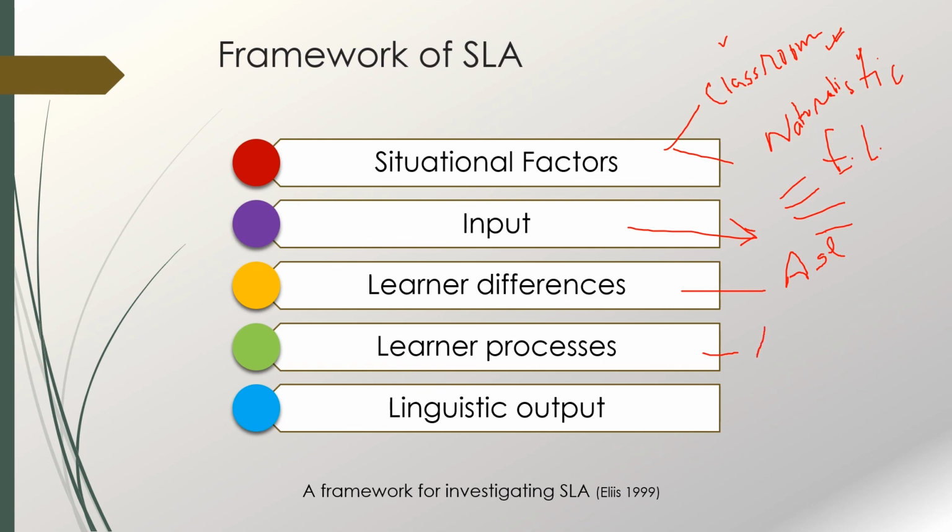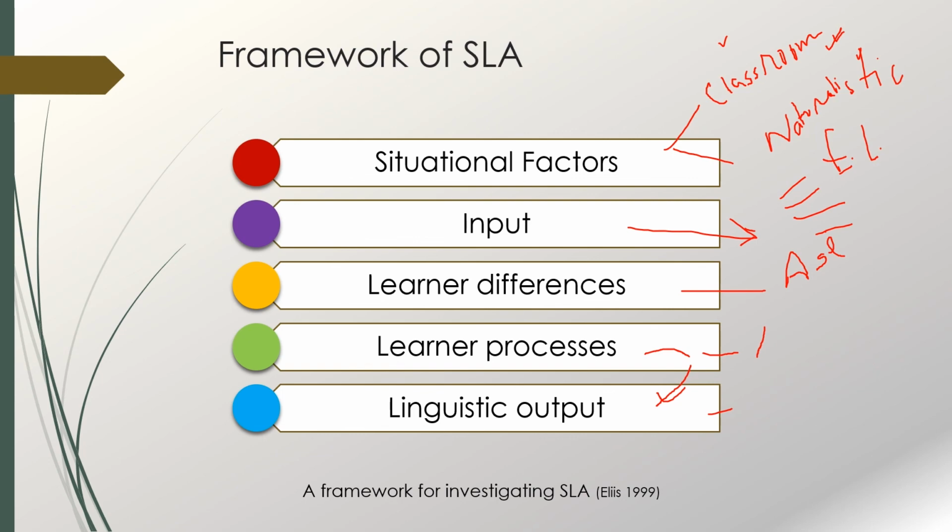So there are two issues in there. First, they learn these things, and then in the output they produce these things. So based on this input and on the learner processes, the linguistic output can be different as well.